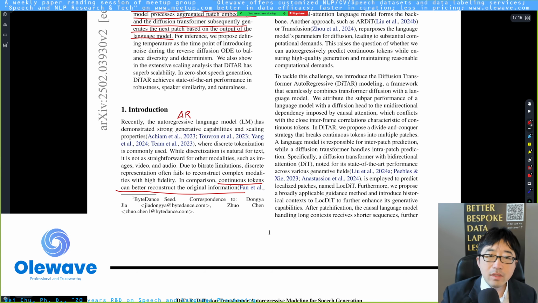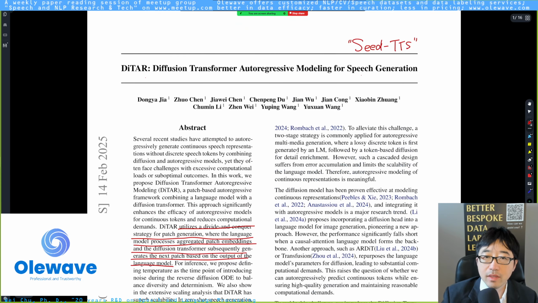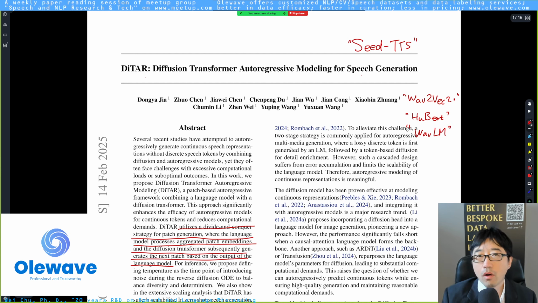Why? My understanding, based on the papers I've seen, is that if you're familiar with the wav2vec 2.0, HuBERT, or WavLM papers, they're all about how to convert a sequence of continuous speech signal into a sequence of discretized tokens.